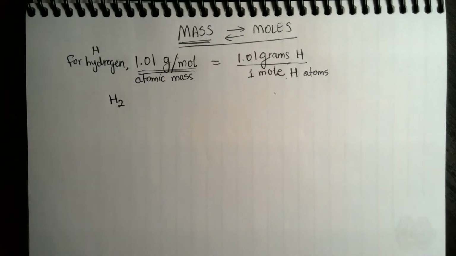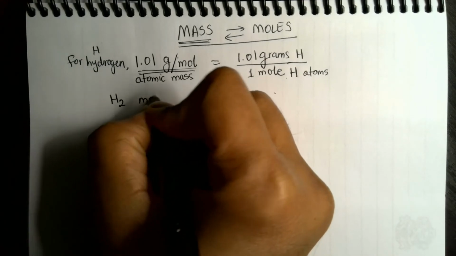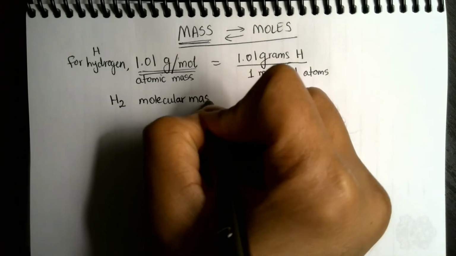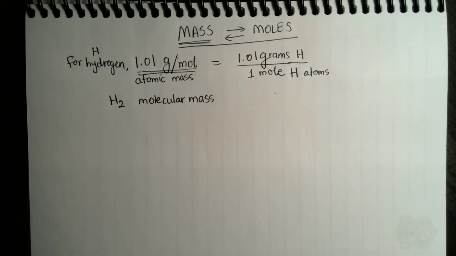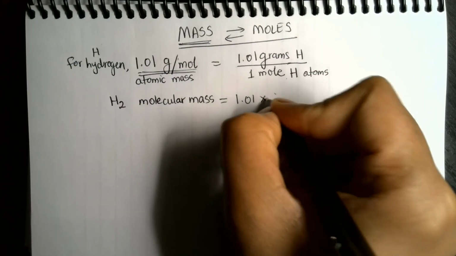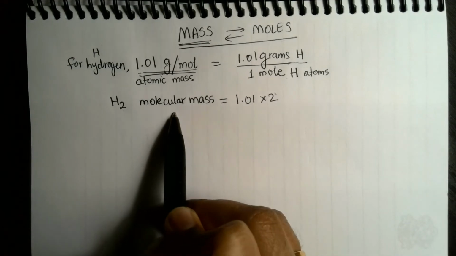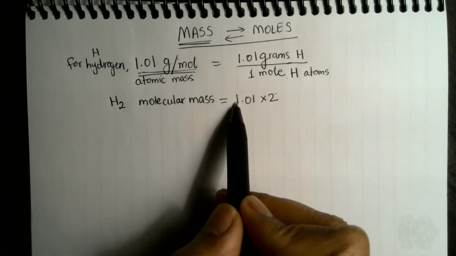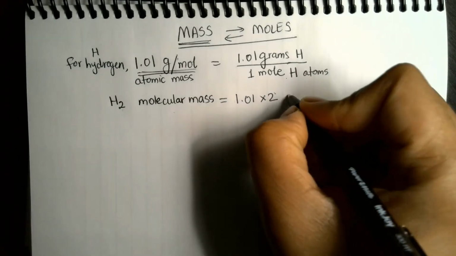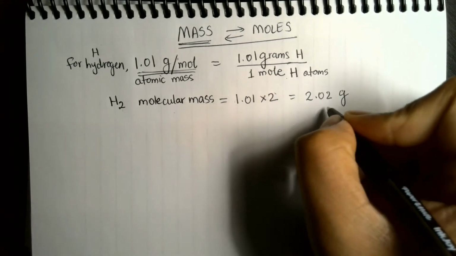H2 is a molecule, so we're looking at molecular mass. The molecular mass of H2 would be 1.01 times 2, because you have 2 hydrogens there. Molecular mass calculations will always be done by looking at the atomic mass of the things involved. This one was very straightforward, 2.02 grams per mole.